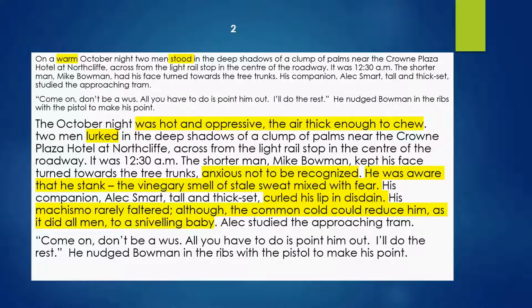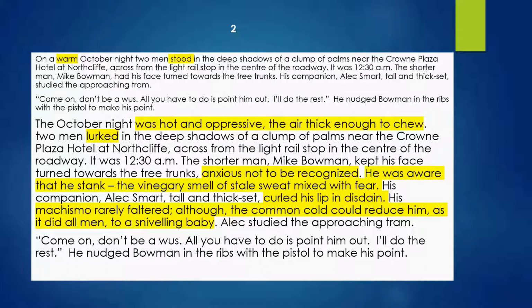And there's just a hint here, we might feel sorry for Mike. I mean, we normally feel something for people who are scared, even if they stink. Alec Smart, we don't feel sorry for. Someone who's full of disdain for someone else usually doesn't win our respect. He curled his lip in disdain.